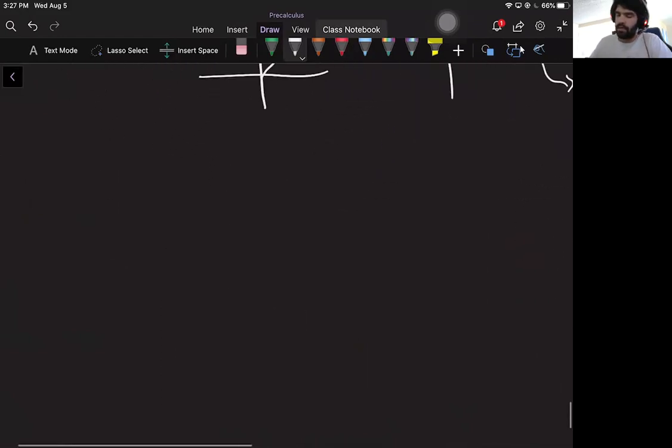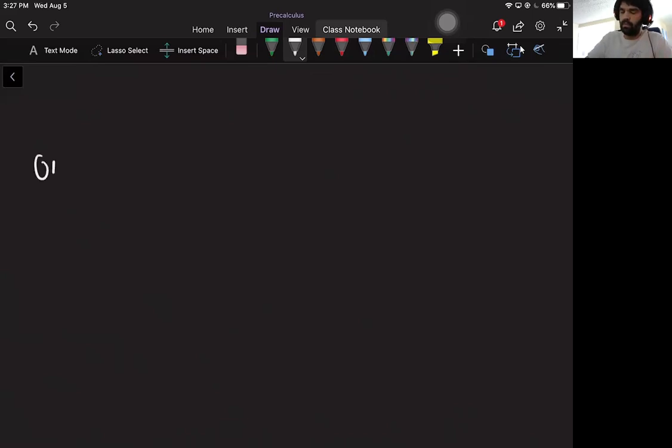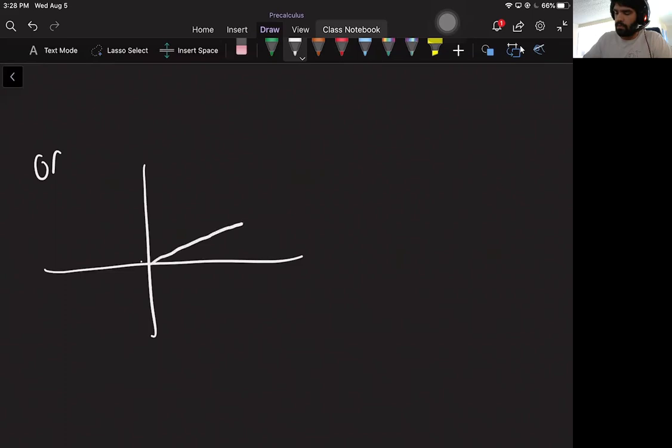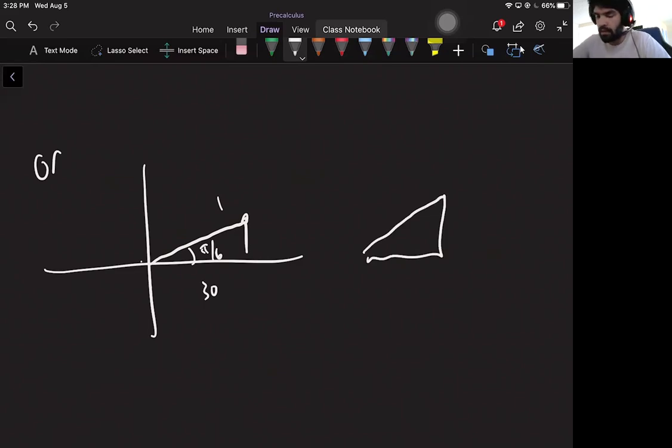You can also do it with 30 and 60. That's why these are the nice angles. So if you do pi over 6, aka 30 degrees, you also get a triangle that I can't draw very well. Sorry, let me try one more time.